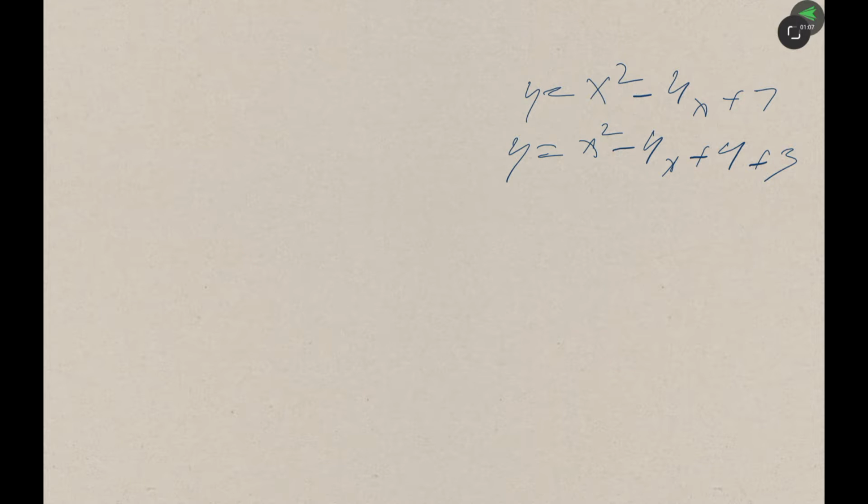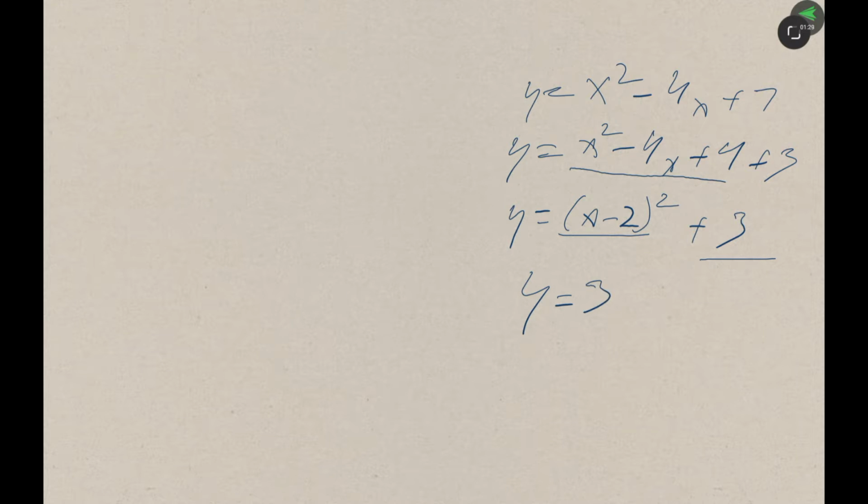So if I only look at the first three terms, x squared minus 4x plus 4, then I can write it as (x minus 2) quantity squared plus 3. So you can see if I put x equals 2, then this term will become 0 and we will be left with only 3. So y will be 3 when we put x equals 2. So this 3 is the minimum value.